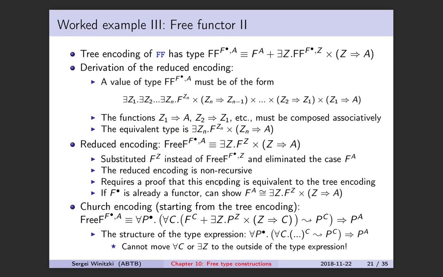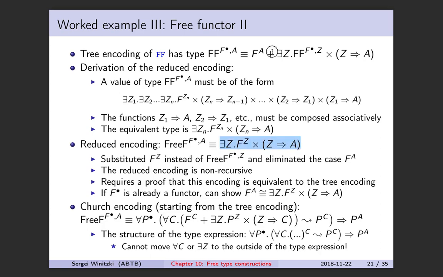So the only important remark here is that it requires a proof that actually this is a reduced encoding. So by definition, a reduced encoding is such that it respects the laws. So if you apply, for example, map to a value of this type with identity, the result must be equal to this.